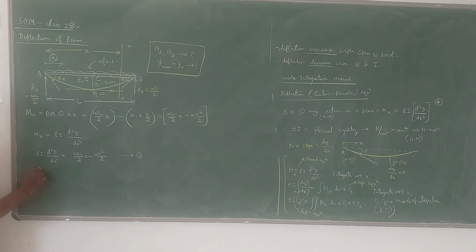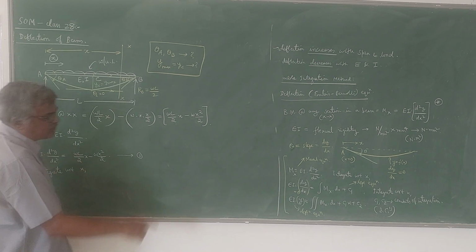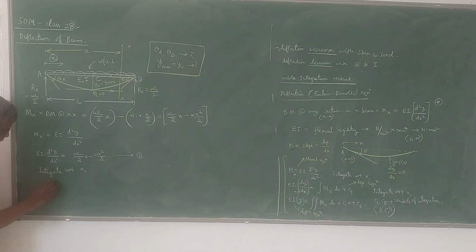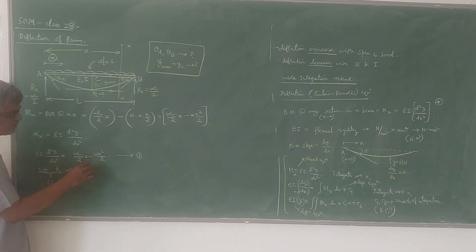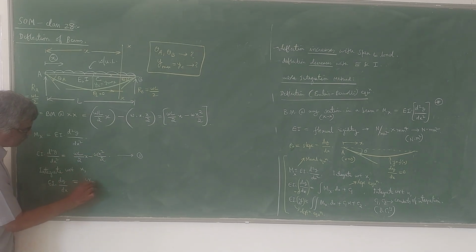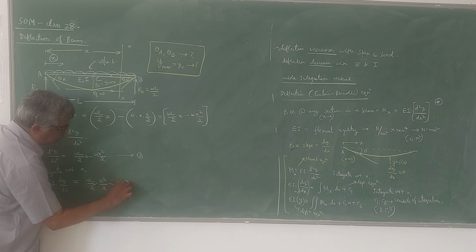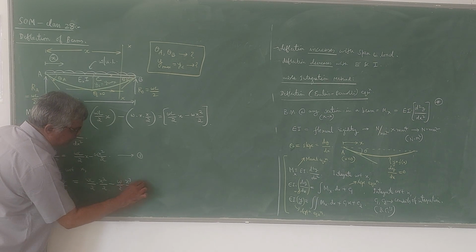Now integrate this with respect to x. You are going to get the slope equation, the second equation. You are going to get EI into dy by dx, or theta. So this dy by dx can also be written as theta. Integrating with respect to x: WL by 2 into x square by 2 minus W by 2 into x cube by 3 plus C1.